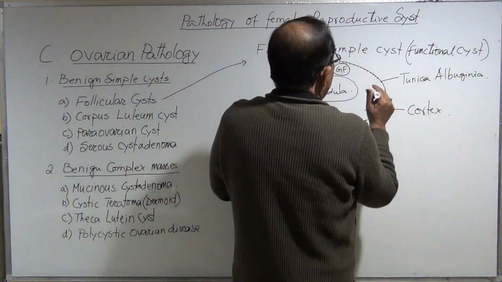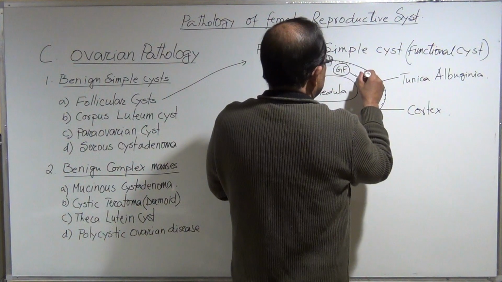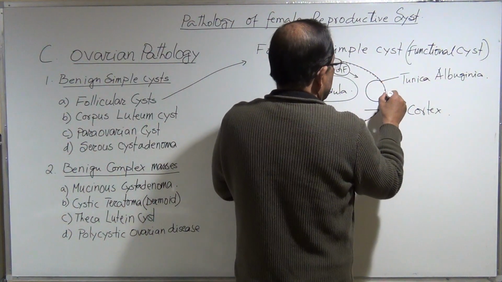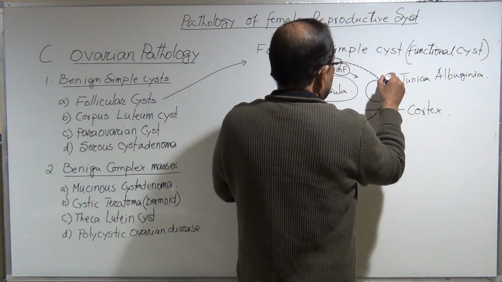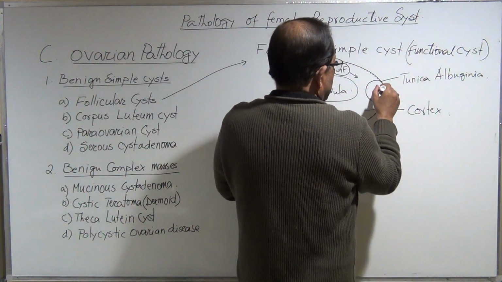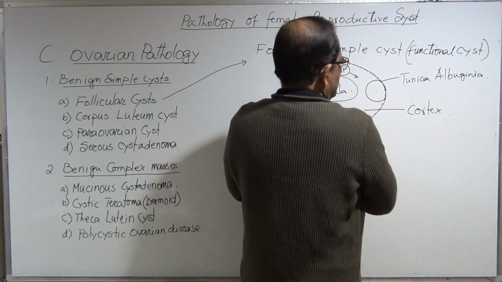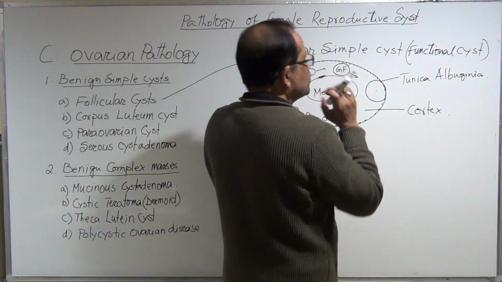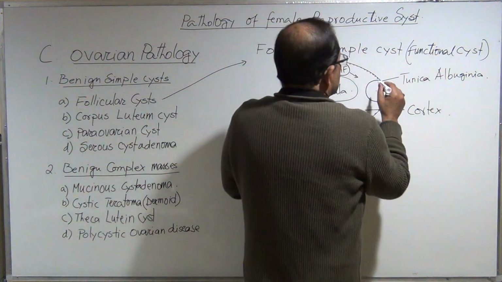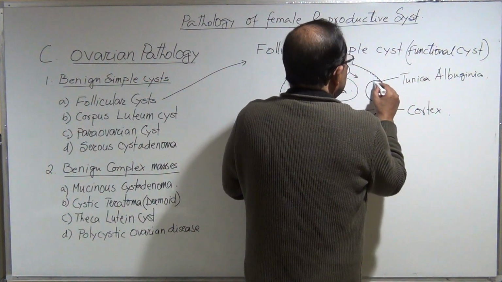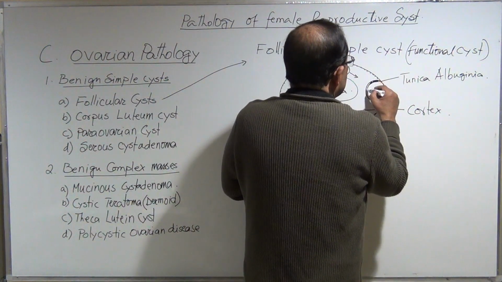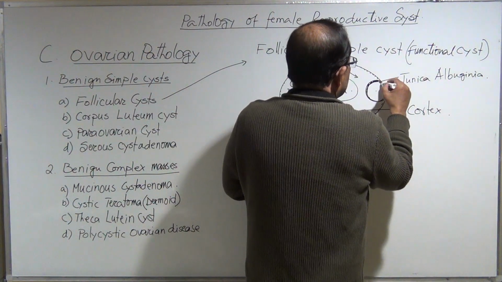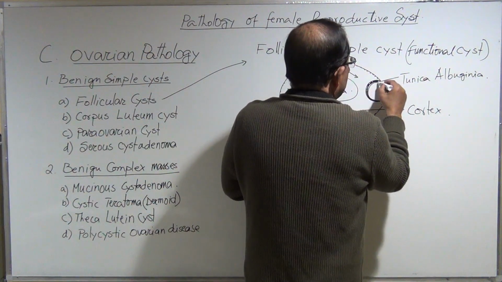This Graafian follicle remains inside the cortex, and there will be an ovum inside, but this ovum you're not going to see it. So now it will be totally anechoic inside.